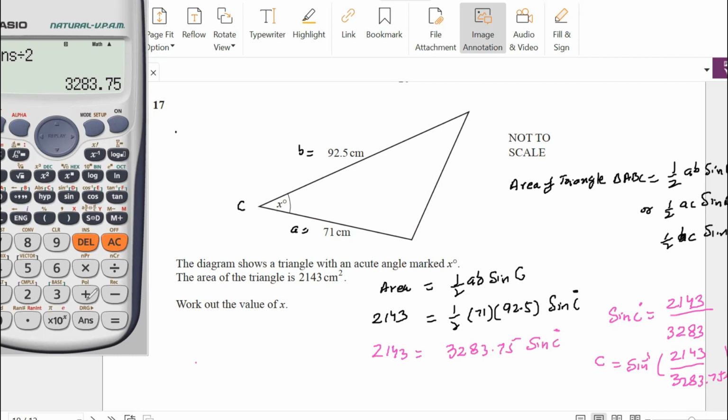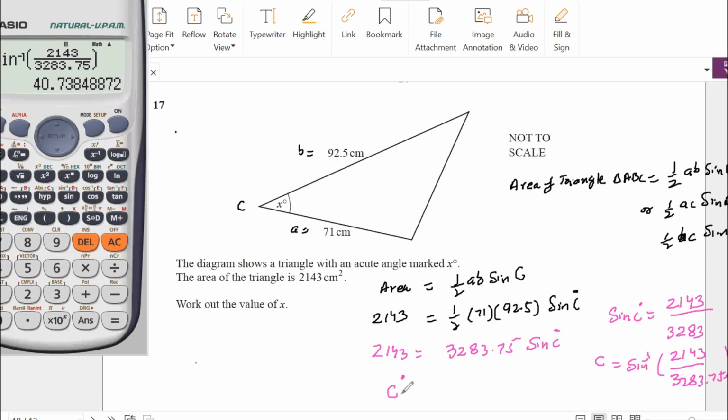If you check in the calculator, shift sine and bracket, so we have 2143 over 3283.75, bracket close, we will get the answer 40.7, or you can say 41.